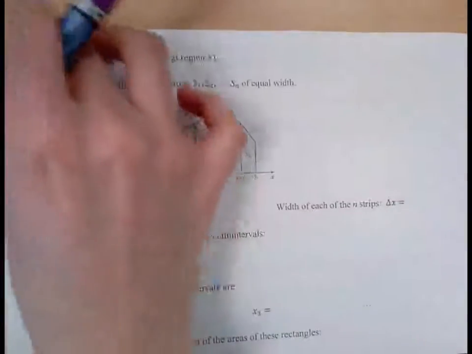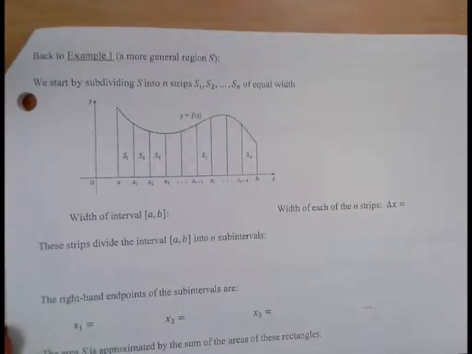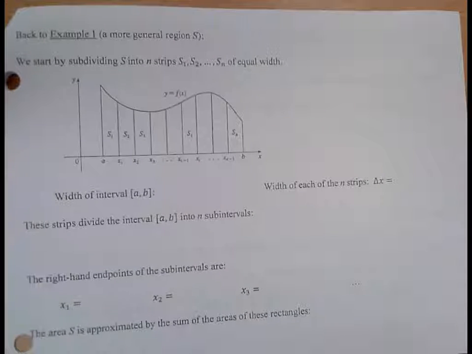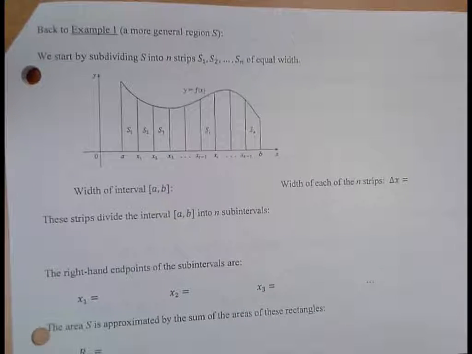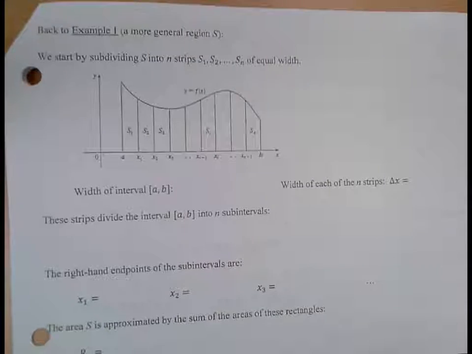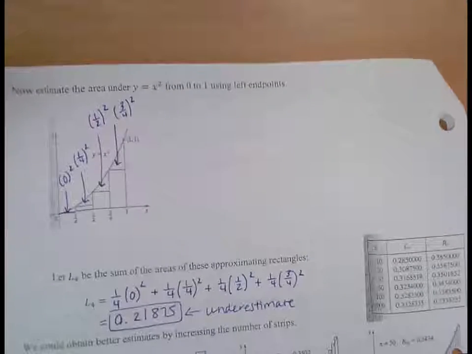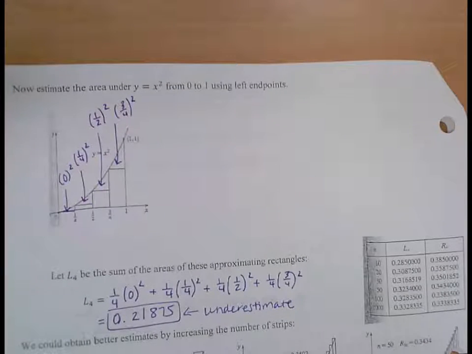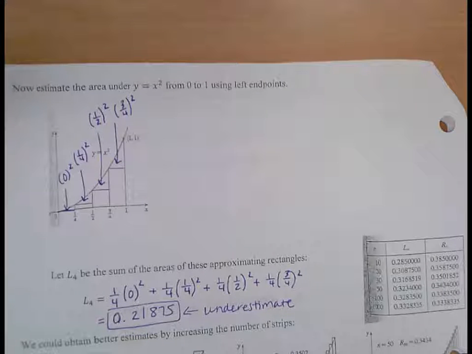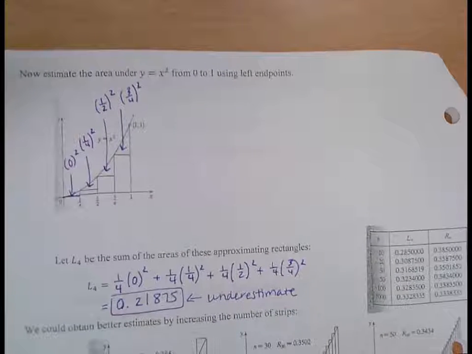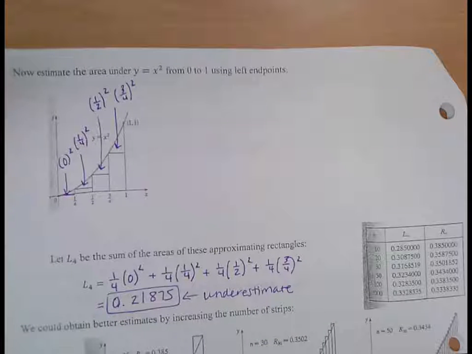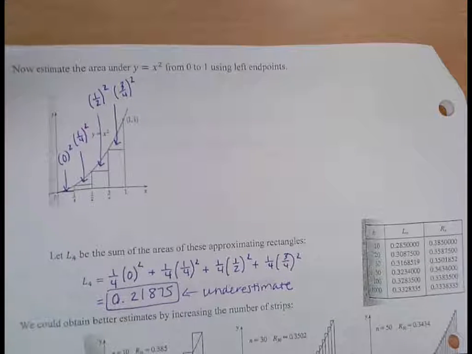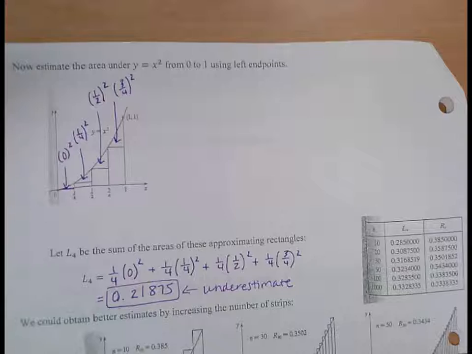Yes, Connor? I don't understand why you would do 30 different rectangles when you could just add the area of the triangle on the graph. There's like really close to triangles for this curve. Right, and you won't have to by hand.